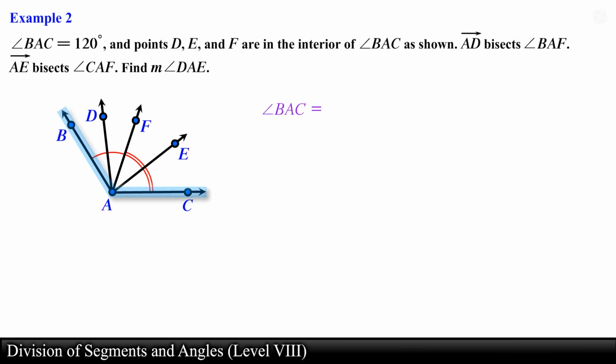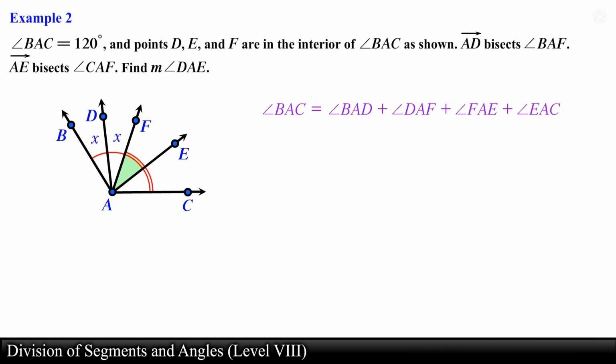We know that angle BAC has to equal the sum of the smaller angles, in this case, angle BAD, angle DAF, angle FAE, and angle EAC. We also know that angle BAD is congruent to angle DAF. Let's represent the measurement of these two angles with the variable x.